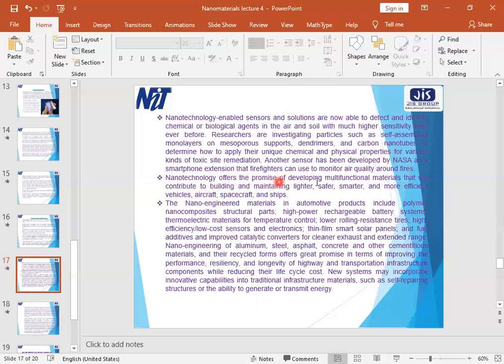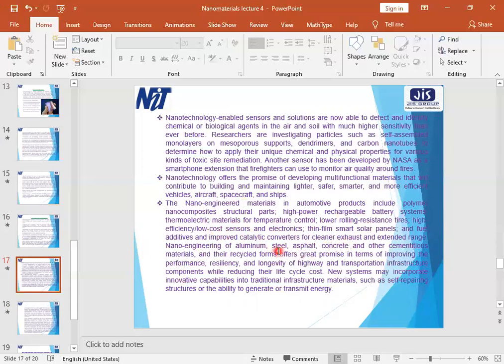Nanotechnology offers the promise of developing multifunctional materials that will contribute to building and maintaining lighter, safer, smarter, and more efficient vehicles, aircraft, spacecraft, and ships. The nano-engineered materials in automotive products include polymer nanocomposites, structural parts, high power rechargeable battery systems, thermoelectric materials for temperature control, lower rolling resistance tires, high efficiency, low cost sensors and electronics, thin film smart solar panels, fuel additives, and improved catalytic converters for cleaner exhaust.